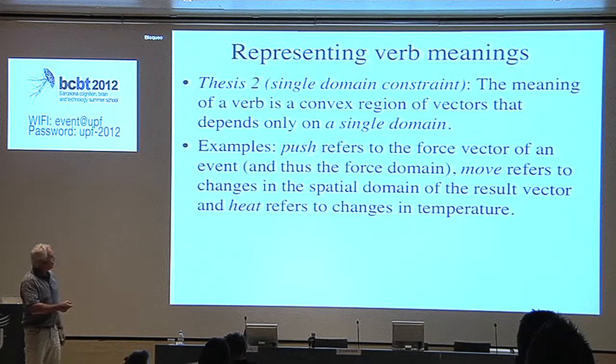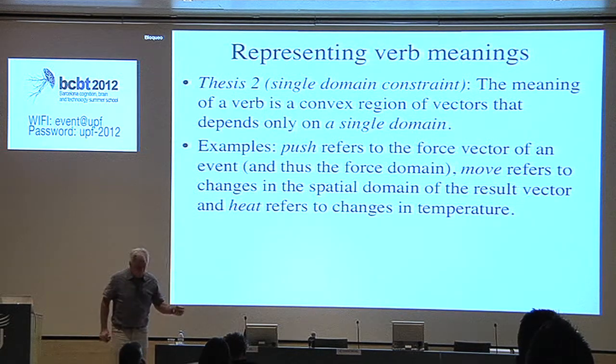Push refers to the force vector of an event, and it belongs to the force domain. Move refers to changes in the spatial domain of the result vector. And if you're heating something, it refers to changes in the temperature. These are three basic examples.